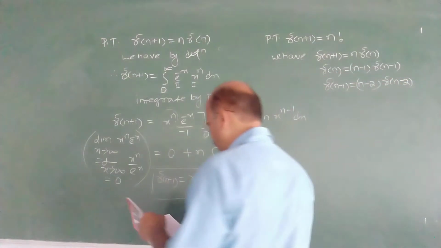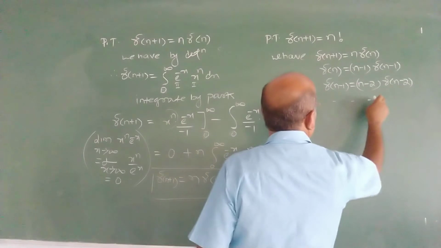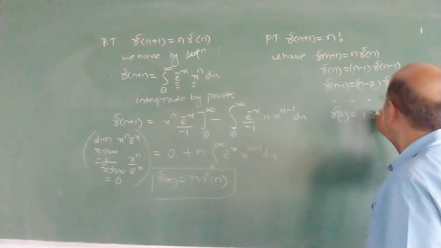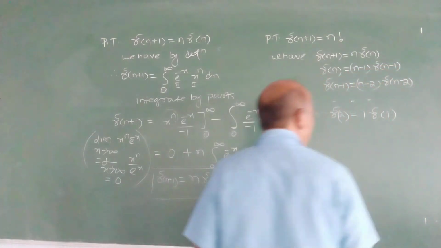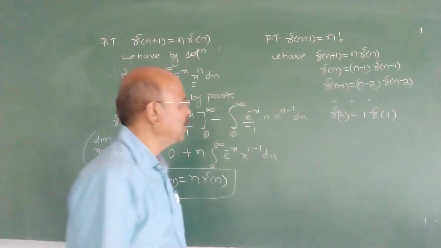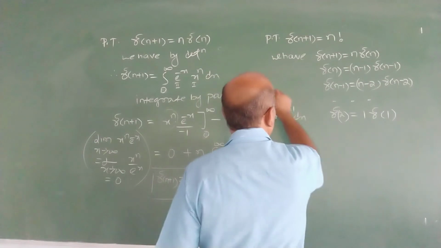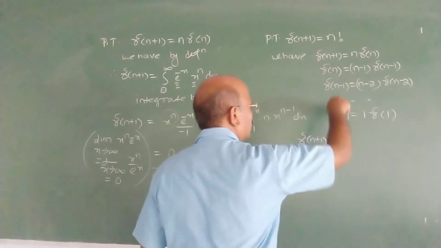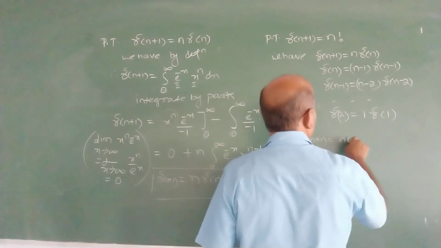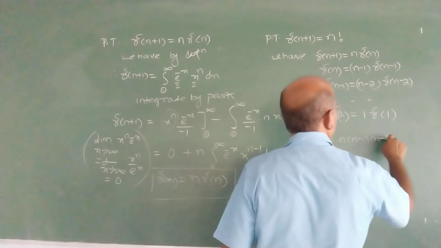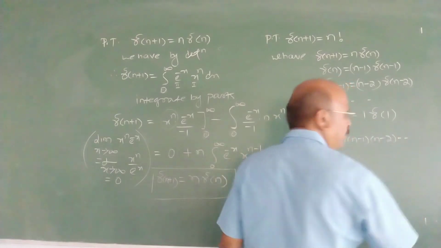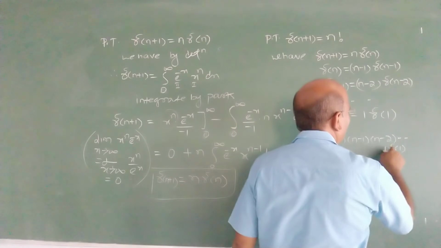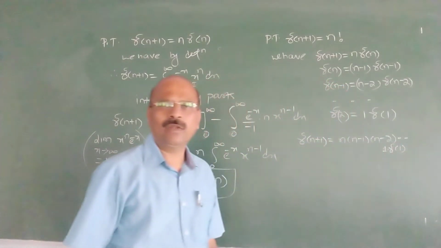Now, continuing like this, gamma 2 is 1 gamma 1. Now substituting, we get gamma n plus 1 is n into n minus 1, n minus 2, etc., into 1 into gamma 1.